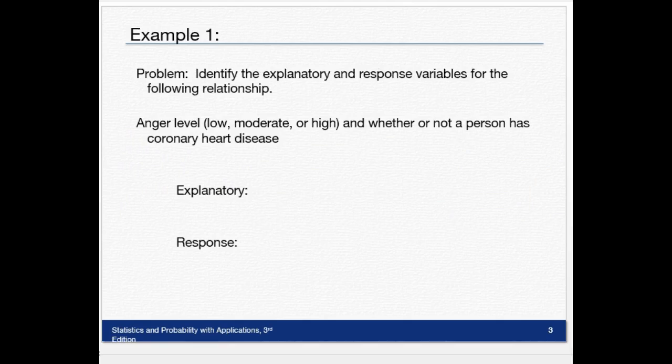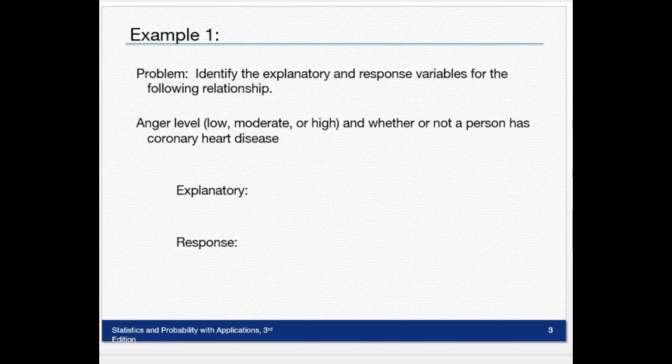Identify the explanatory and response variables for the following relationship: anger level, low, moderate, or high, and whether or not a person has coronary heart disease. So you have to stop and think. Is anger level contributing to heart disease, or does heart disease contribute to anger level? Well, the most logical thing to think is that the anger level is going to be on the x-axis, if you will.